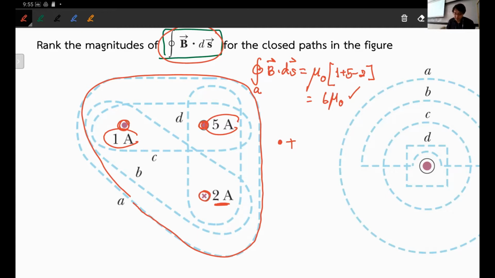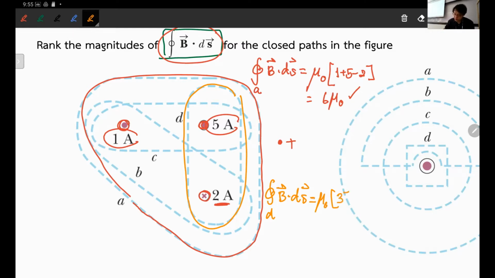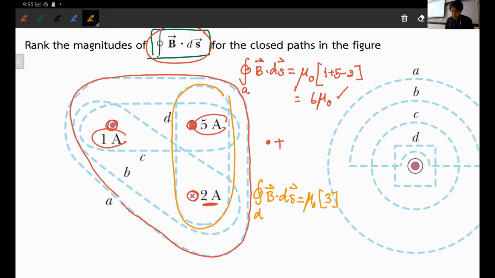So let's try again. Just give you one more example. If I only pick the D loop over here, whatever you do within that D loop will be equal to mu naught times, you have 5 towards you and 2 away, so your net will be just 3 amp. Yeah, okay, that's simple. And I can go even crazier.